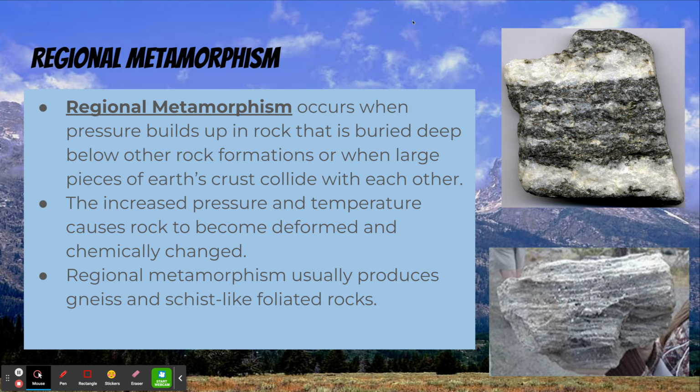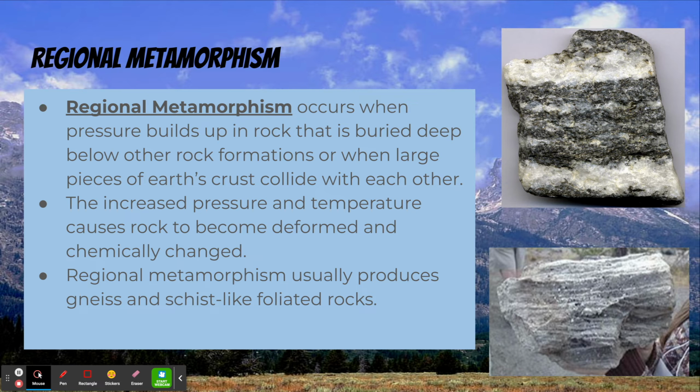All right, and the other type of metamorphism is regional metamorphism. So this is more of what we've been talking about. It occurs when pressure builds up in rock that is buried deep below other rock formations, or when large pieces of Earth's crust collide with one another. The increased pressure and temperature causes rock to become deformed and chemically changed.